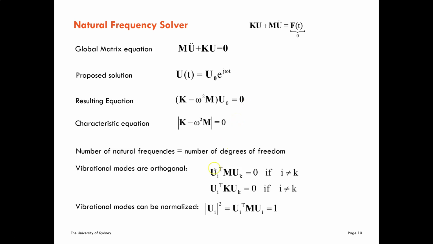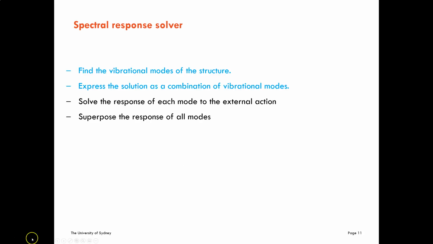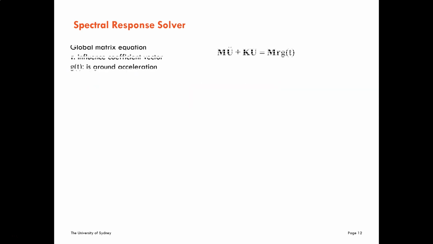The next step in the spectral response solver is to express the solution that we are looking for as a linear combination of vibrational modes. So we are going to write our equations like this. The external force is written in terms of the mass matrix, the imposed accelerations, and here I am introducing the influence coefficient vector.